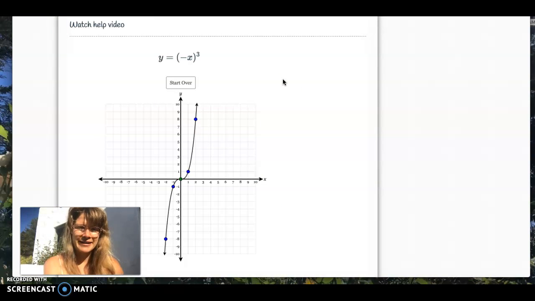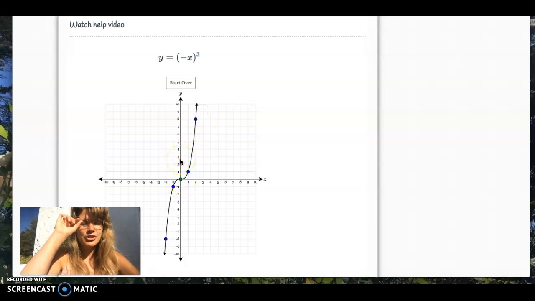So I have my parent function of y equals x cubed. This parent function looks like this. And what I'm going to try to do is apply the transformation. So the change that's happening in this function is this negative.